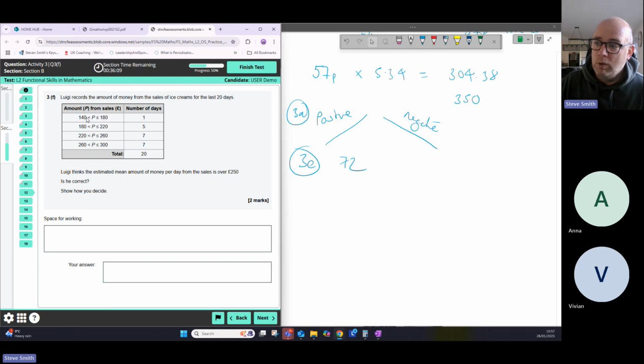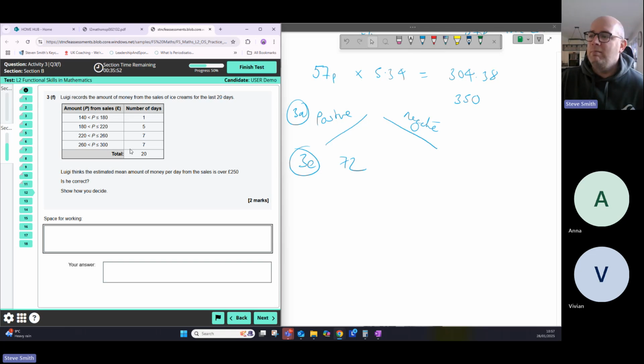So again, for workings out, I'm not probably saying 140 add 180 divided by 2. I'm thinking 140 to 180, middle is 160. 160 times 1 is 160. 180 to 220 is 200. So I'm straight away missing myself out doing midpoints. I'm just writing the midpoint in, multiplying it by the number of days.